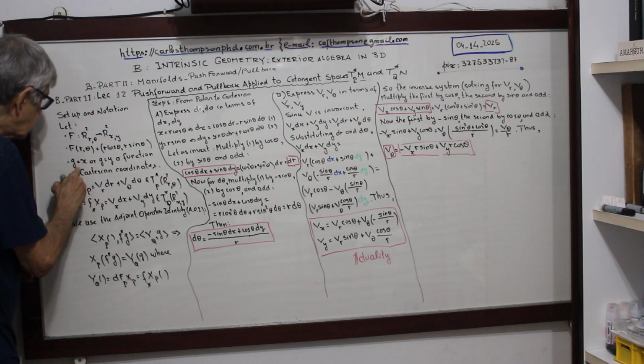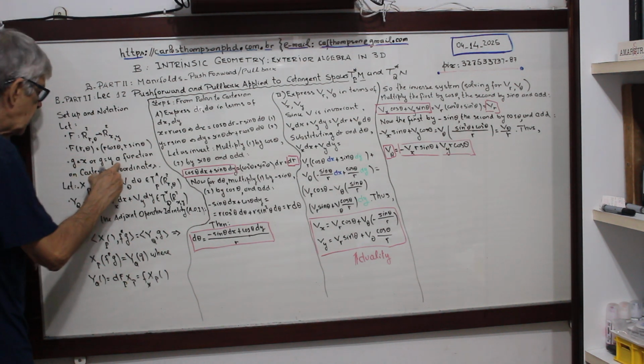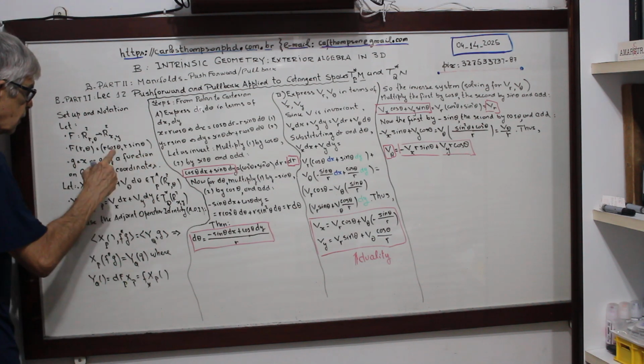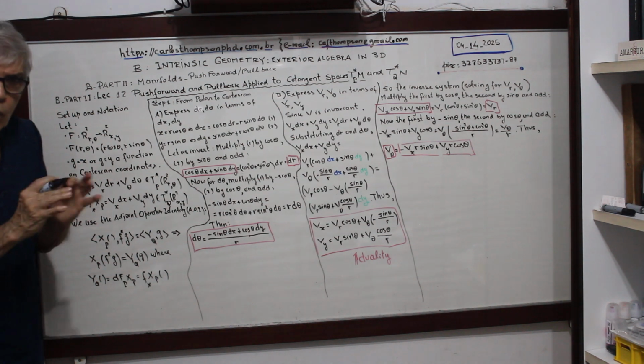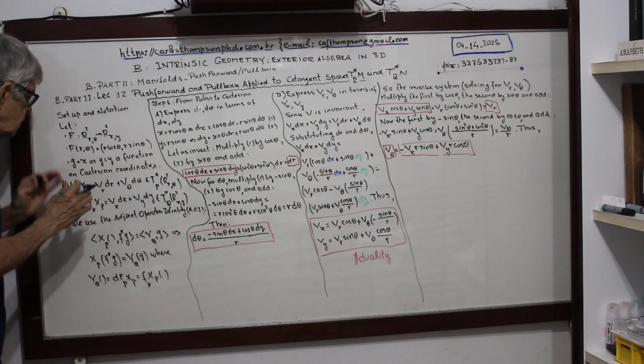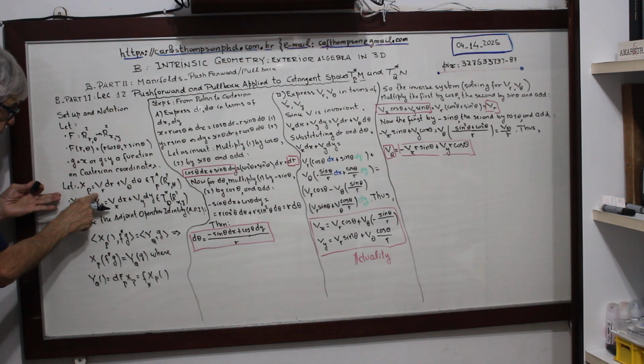So the function G is equal to X, or G is equal to Y, a function on Cartesian coordinates. You see, this is one at a time.